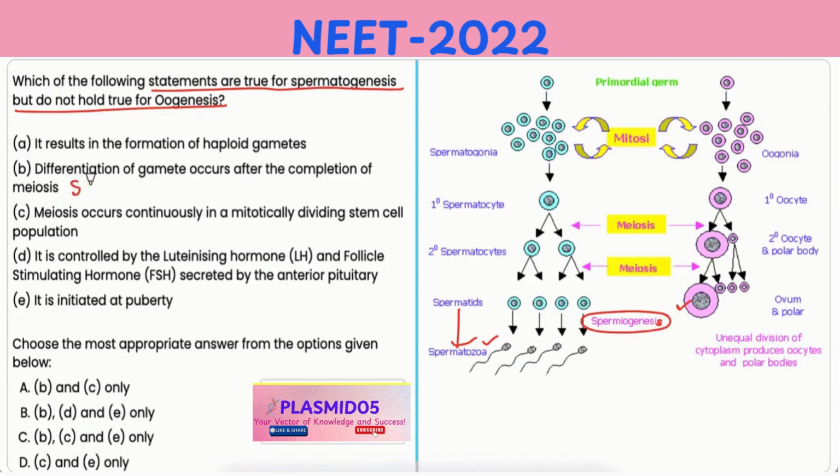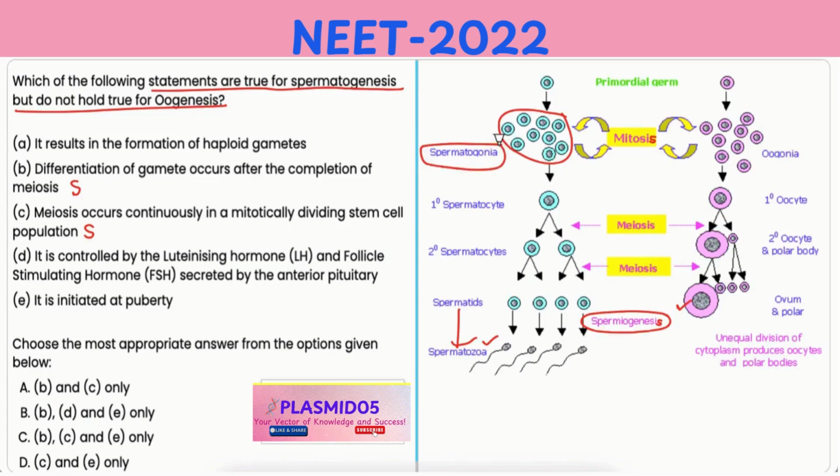Statement C, meiosis occurs continuously in a mitotically dividing stem cell population. Now, it is true for spermatogenesis only, as meiosis occurs continuously in a mitotically dividing stem cell population, that is spermatogonia in males.